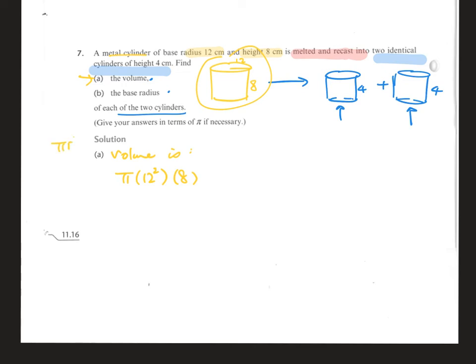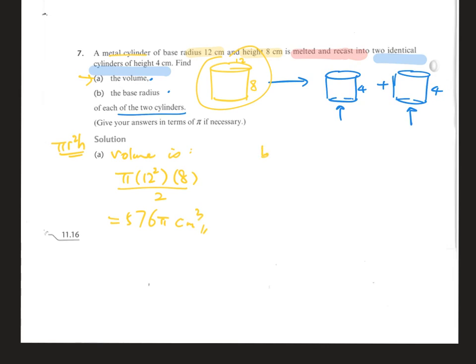You remember the formula is pi r squared h for volume, divided by 2. The question requires us to write in terms of pi, so it would be easier. It is 576 pi cm cubed, and that's all.